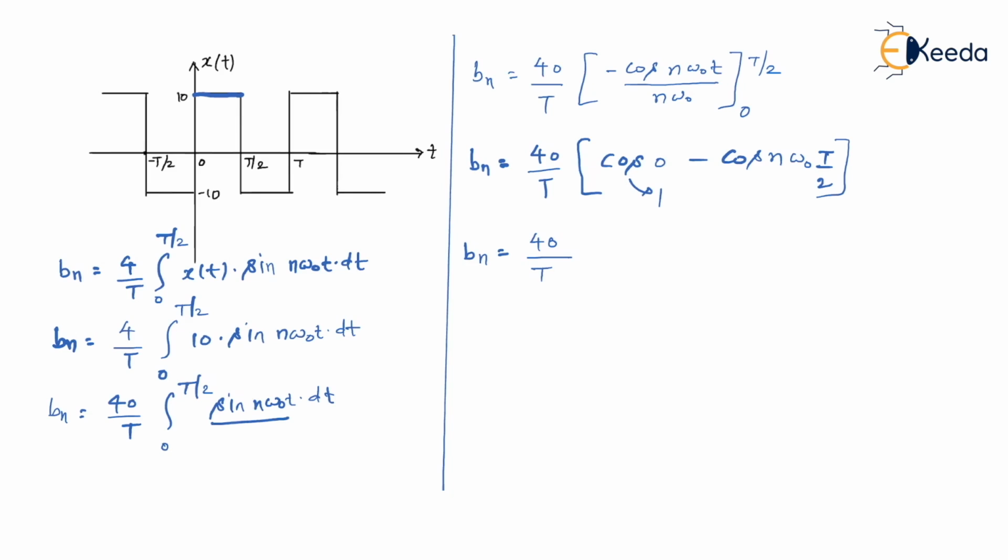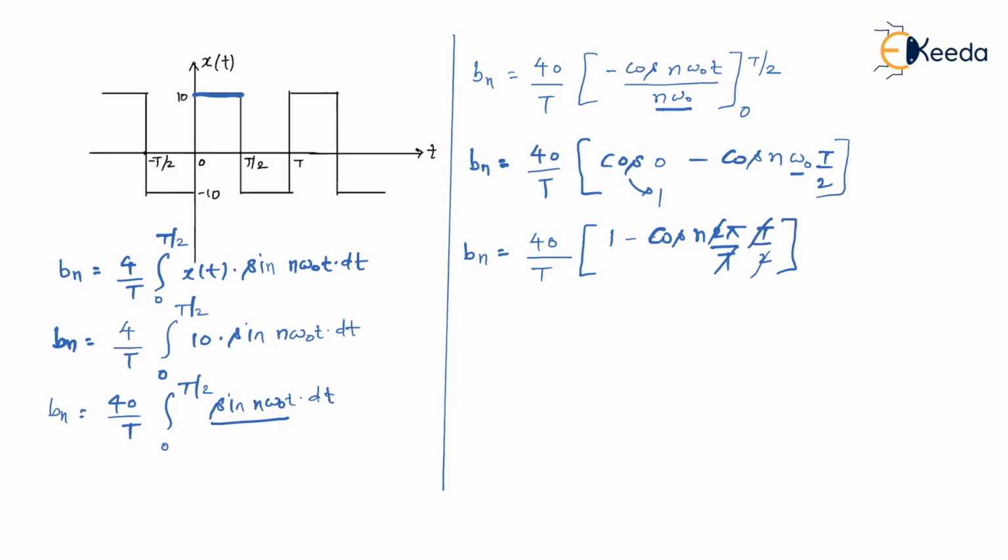So I'll keep that capital T as it is. Cos 0 is 1 minus cos of n, I'll substitute omega naught as 2 pi by capital T, and we have T by 2 here. Here T gets cancelled, 2 gets cancelled.